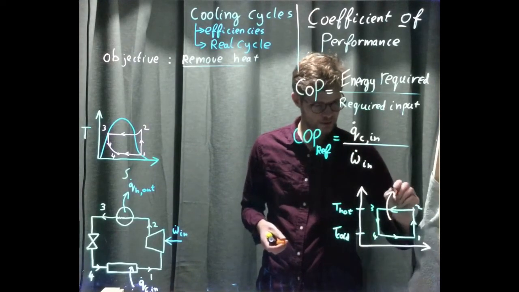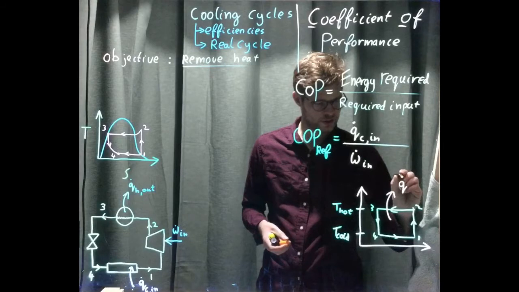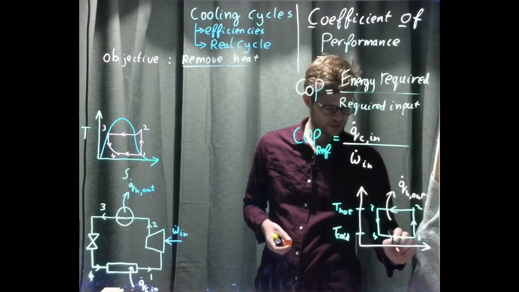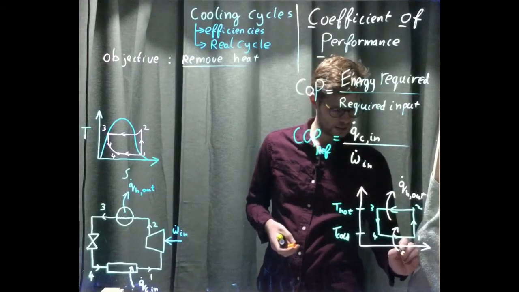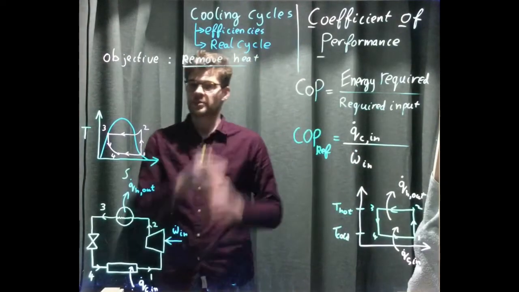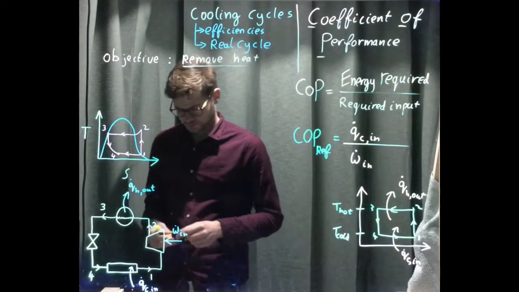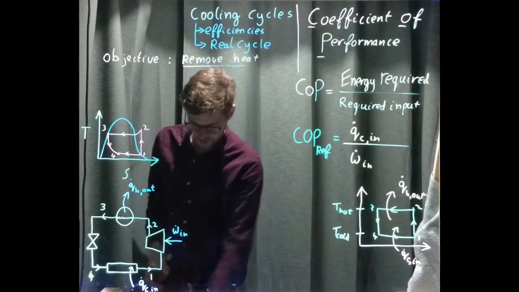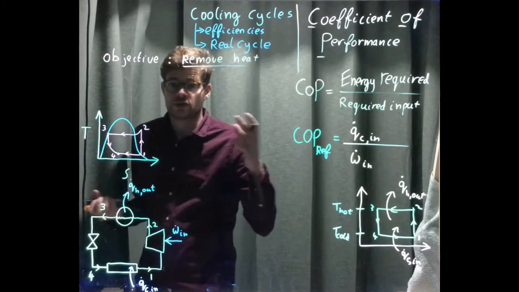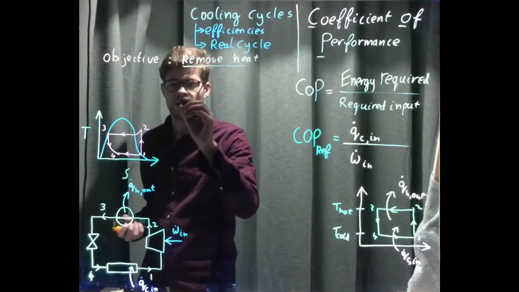Here we have the energy coming out, Q hot out, and here we have the energy coming in, in our case Q cold in. It operates between two temperatures, T cold and T hot. In order to calculate the Carnot efficiency, we just need to calculate the efficiency.